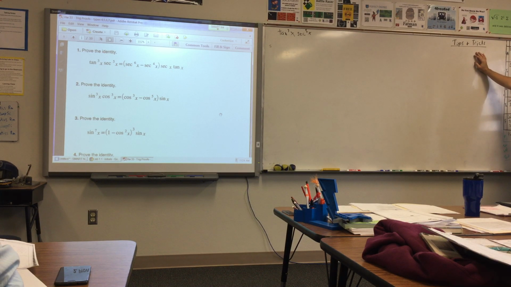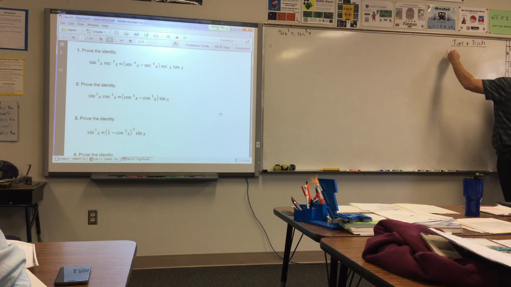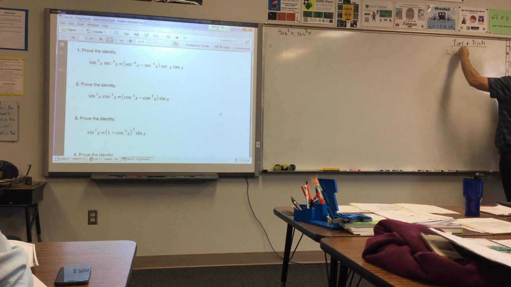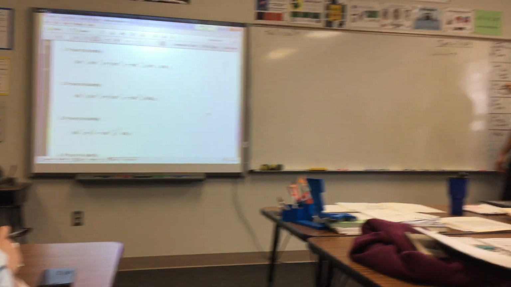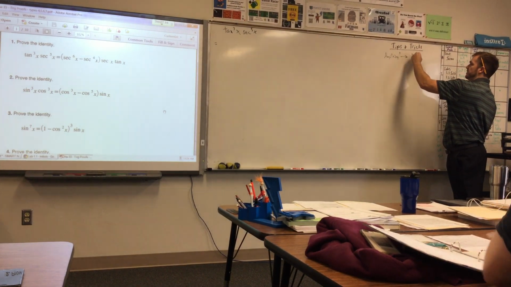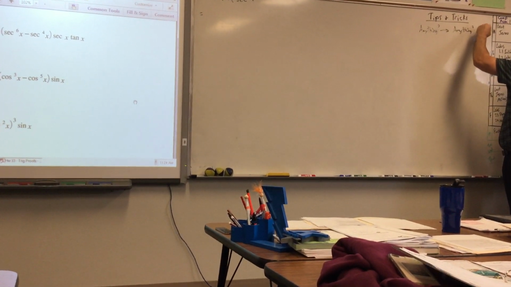I would recommend that anytime you have something to the third, or maybe even higher than that, sometimes, not always, you want to turn that into anything squared times anything.